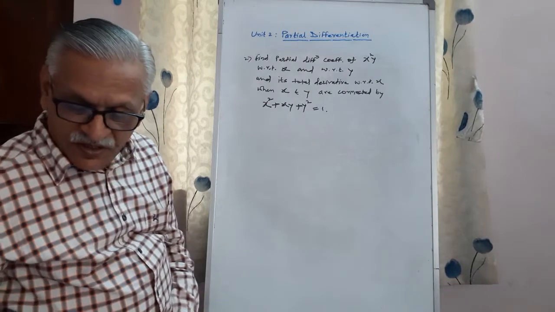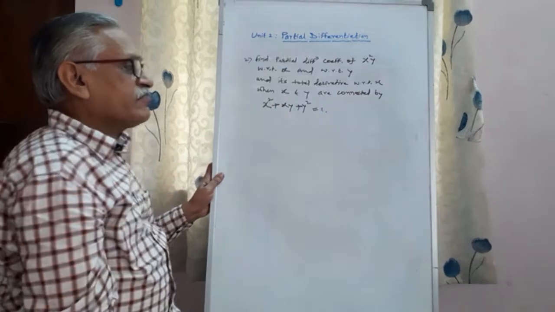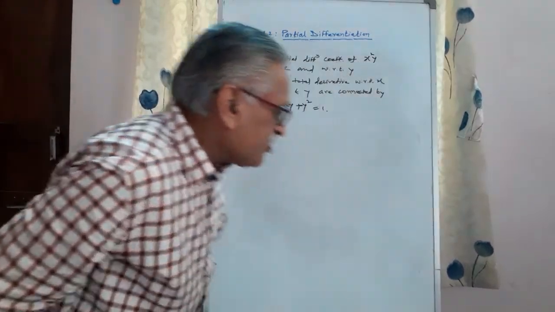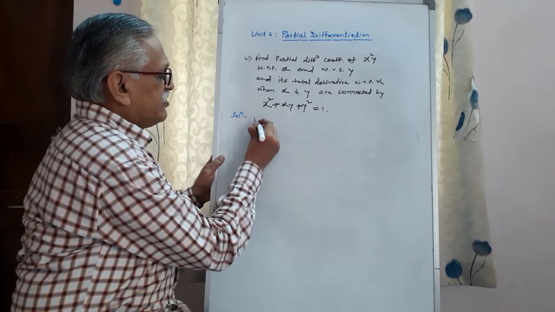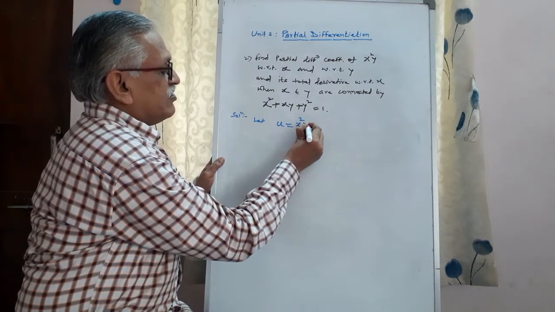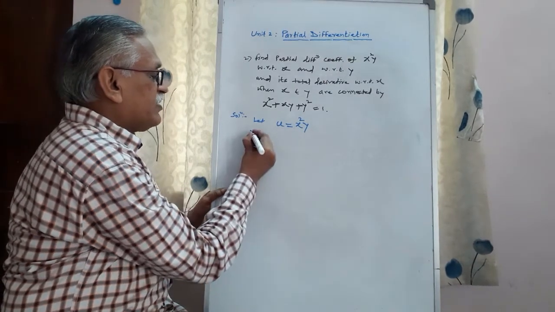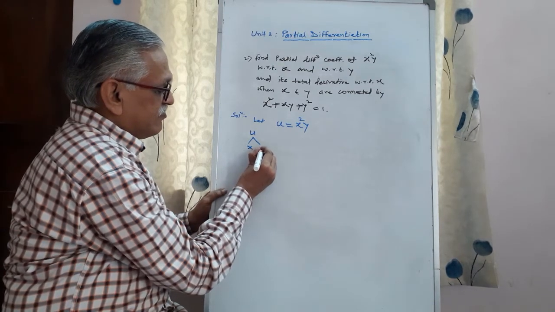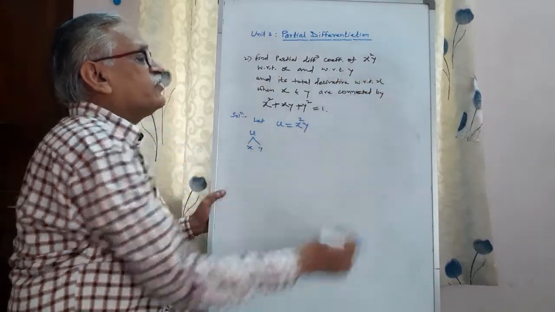Two parts in this question. In the first part, we require to find partial derivatives of this with respect to x and y, and in the second part, its total derivative with respect to x. Therefore, let us consider u as the given function x square y, which is a function of two independent variables. If we try to draw the tree diagram, here we require the total derivative with respect to x.